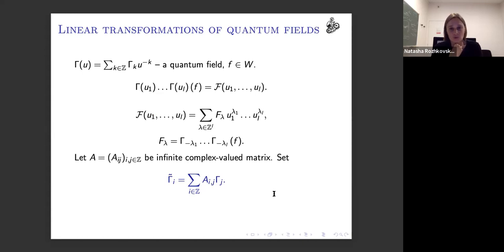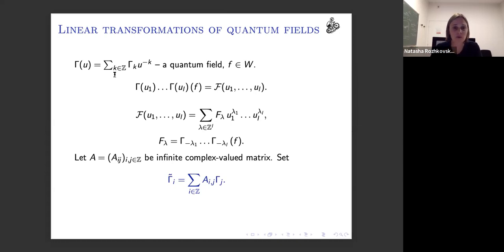And now we're going to do some changes and get something slightly new from our Hall-Littlewood polynomials. And actually, we can do this not only for the vertex operators of Hall-Littlewood polynomials, but for any kind of quantum fields. And this is what we are going to do here. So for a moment, let us forget about the Hall-Littlewood polynomials.